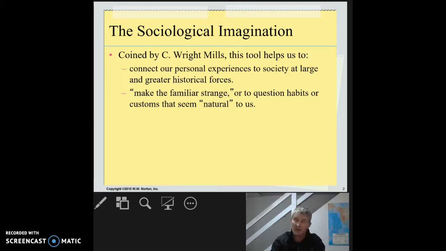By doing this, it tells us to understand ourselves, but in order to understand ourselves, we have to place ourselves in the historical context. So, for example, myself, I was born in 1968, so the major time frame that I have existed in has been that historical turmoil that we now know of as the Civil Rights Movement.